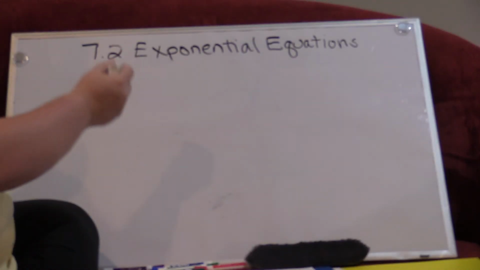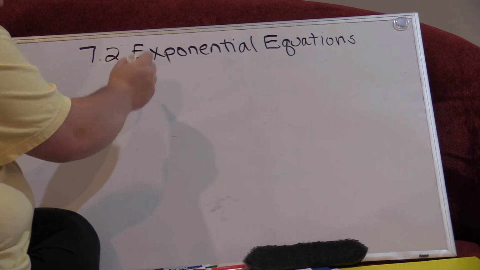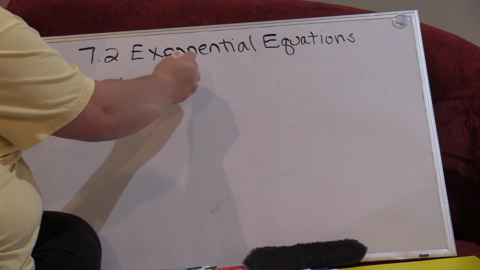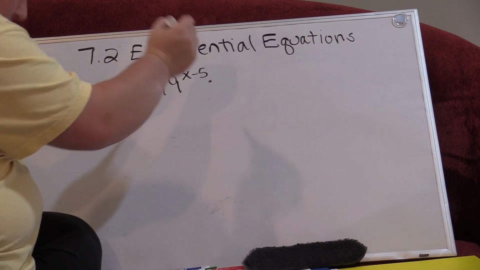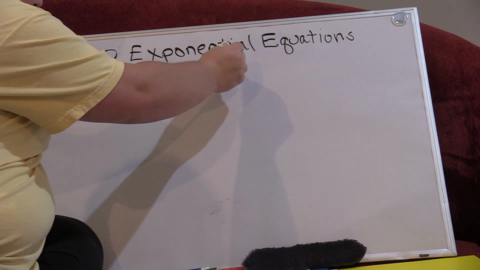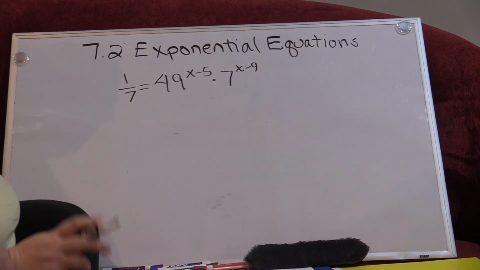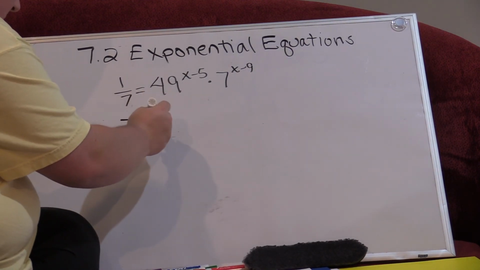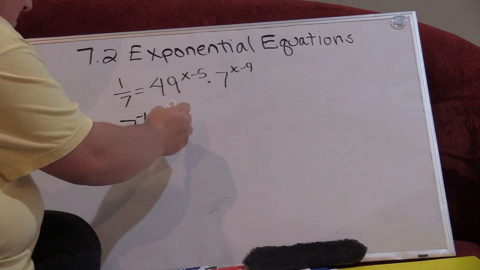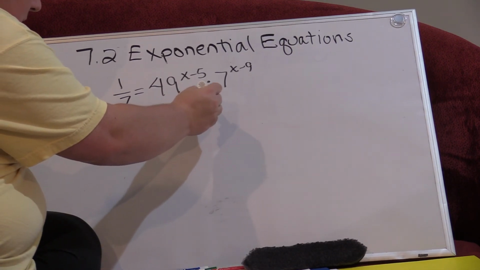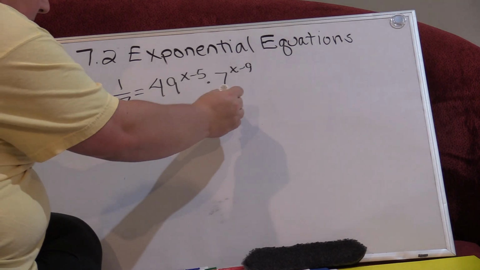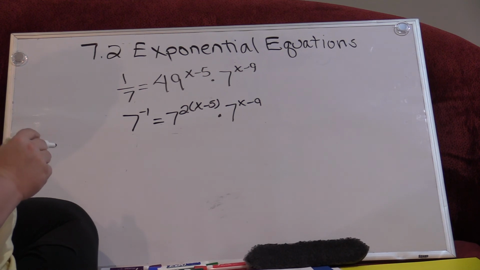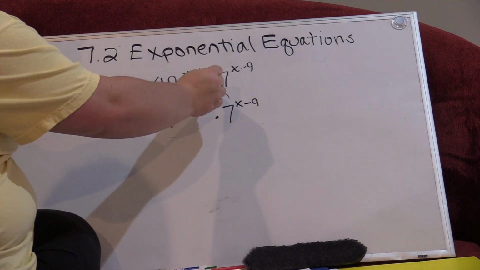My last example is this. So all of these need to have a base of 7. This becomes 7 to the negative 1. This becomes 7 to the squared times x minus 5 times 7 to the x minus 9. Remember, when we multiply, we keep the bases the same, and we're going to add these two.